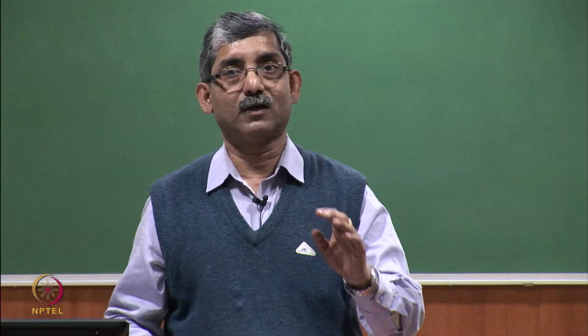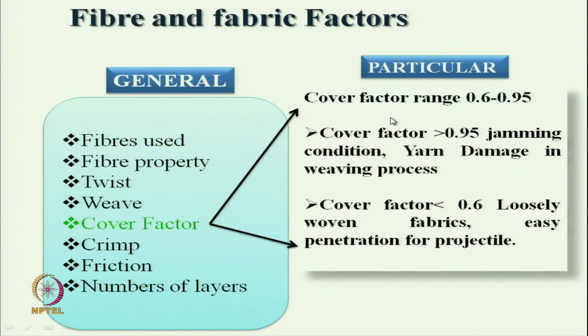During this rubbing there will be damage to the yarn. But on the other hand, if we keep the cover factor less than 0.6, the fabric structure will be loose and projectile penetration will be easy.